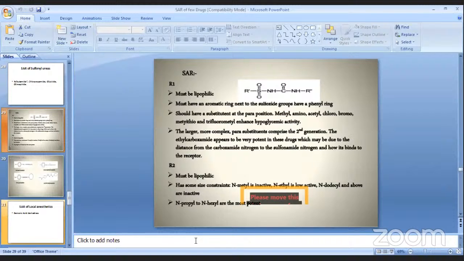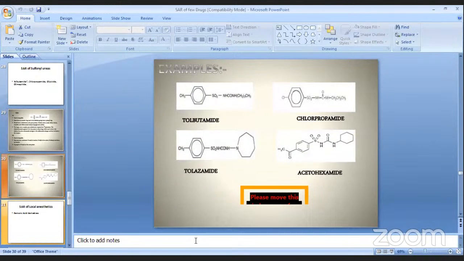You are seeing that in the sulfonylurea structures: tolbutamide, chlorpropamide, tolazamide and acetohexamide. You see one benzene ring, a toluene, attached with the sulfonylurea group. This is tolbutamide, the basic one, and in chlorpropamide, one chlorine is in the para position, that is the fourth position of the benzene ring, with a sulfonylurea.